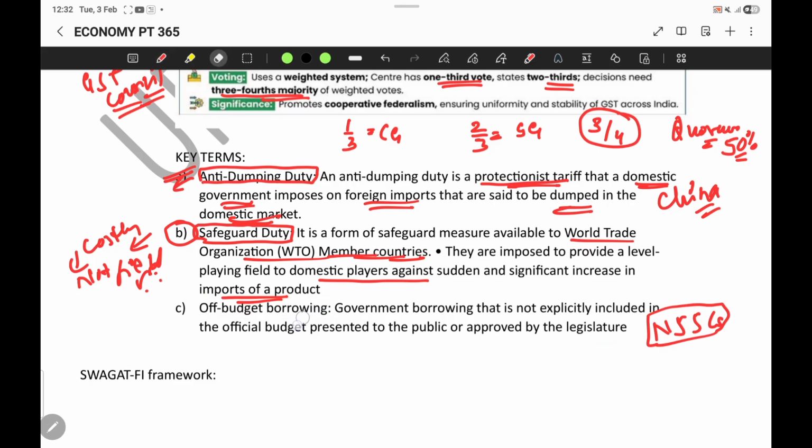Here also the government is borrowing, but not explicitly, in an indirect way of off budget things which are publicly approved. Thus off budget borrowing is a part of fiscal deficit. It was asked in UPSC once. Okay, off budget borrowing is not part of fiscal deficit.